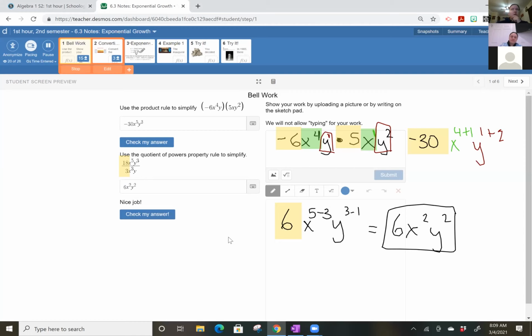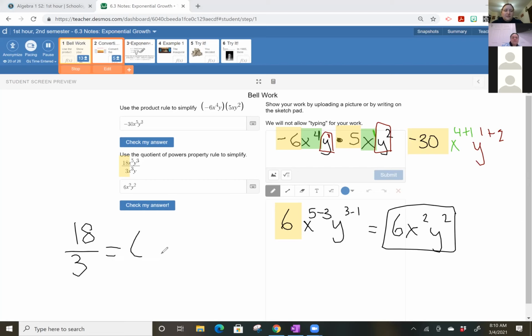All right. Any specific questions on slide number 1? Yes, how is it 6? Because you're dividing the bases. 18 divided by 3. That fraction bar means division. If I would put this up here, what's 18 divided by 3? It's 6. Oh, I thought you had to subtract. I thought we were doing like the opposite.